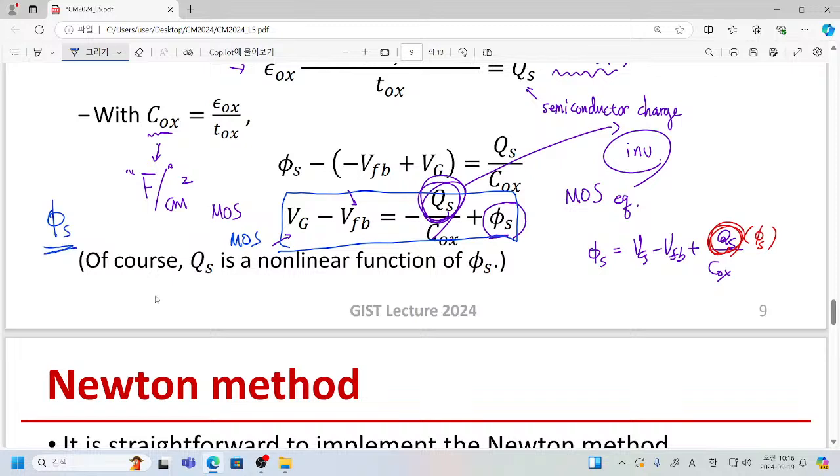That was done in our lecture today, and in homework number 7 you have to do the same thing, however keeping the position dependency of your electrostatic potential. Instead of calculating only the surface potential, you have to calculate the entire profile of the electrostatic potential. That should be done in your homework number 7.